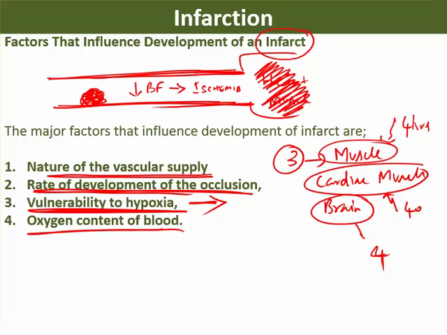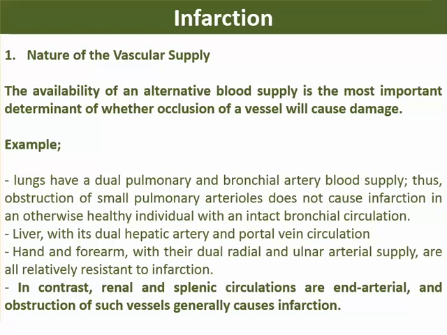Skeletal muscle stores a large amount of glucose, so it starts dying after 4 hours. This is what we call vulnerability to hypoxia, withstanding the hypoxia. Let us discuss one by one, very important, because questions will come from these 4.